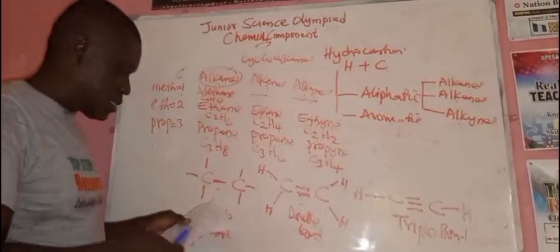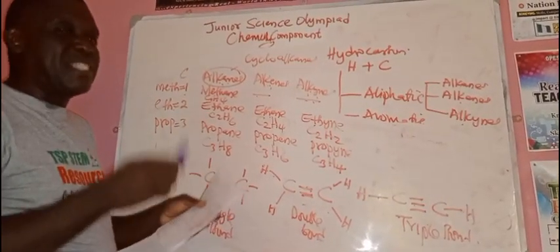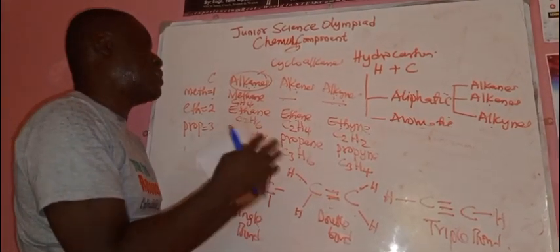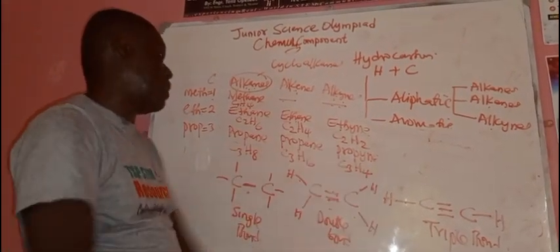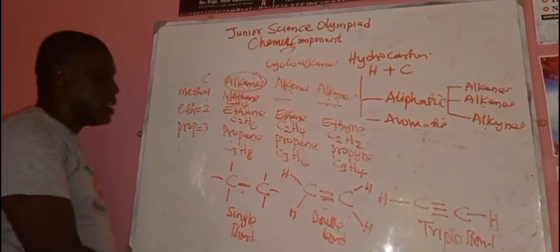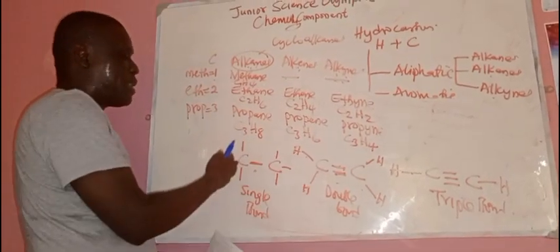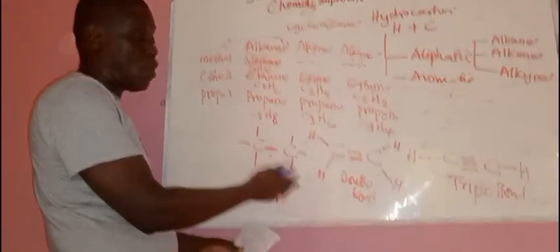Now they are asking us about hybridization. I don't want to go into details because I'm not taking this as a holistic topic. We don't have the time for now. But let me just explain what happens. There is a mixing of the orbitals from the carbon and hydrogen atoms of these compounds.